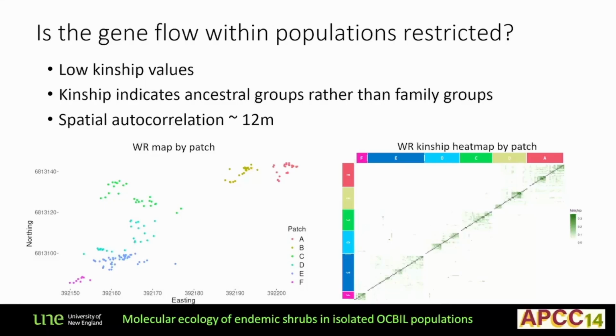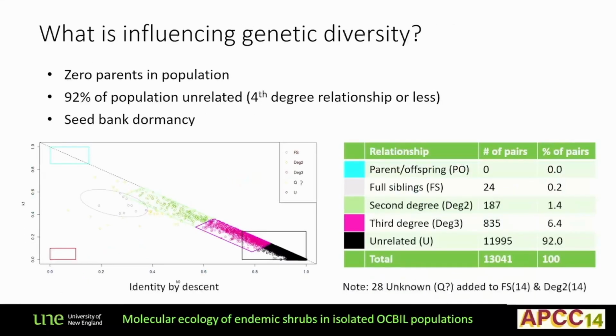And we did spatial autocorrelation, and the relationship between relatedness and distance was about 0 at an average of about 12 metres. So we're not getting too much gene flow across a lot of distance. So you're not only not getting gene flow between populations, even though they're in close proximity, you're not getting much gene flow within a population.